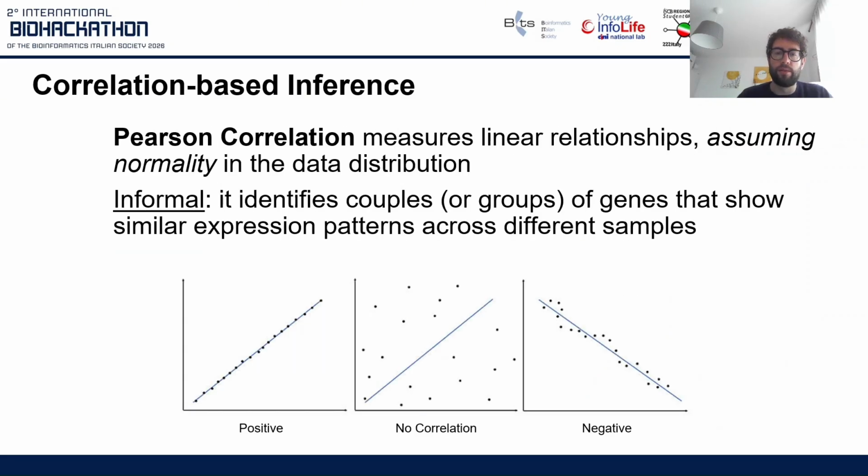There are various types of correlation. We will only talk about two. For example, Pearson correlation assumes normality in the data distribution, so of course it goes well with data that are normally distributed. And informally we can say that this couple of genes show similar expression patterns across different samples, and so they are linearly correlated.